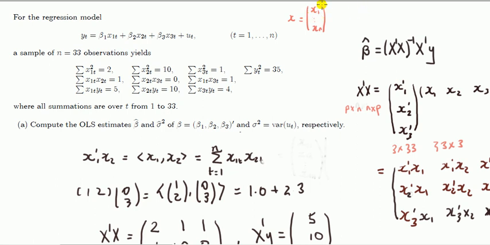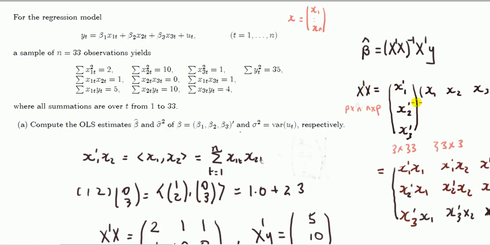Either way is fine, but we've got to understand how we're treating this thing. Treating each vector as a column vector, we have three variables, x1, x2, x3. There are n observations. It tells you here there are 33 observations.